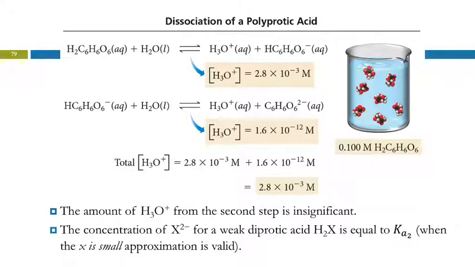It's like throwing an orange on top of a semi-truck full of oranges. Yeah, you added mass to that, but the whole thing is so huge that the little thing you did doesn't matter at all. So the amount of hydronium ion from the second step is insignificant, and the concentration of that X2 minus ion from the weak diprotic acid is going to be equal to Ka2 whenever X's small approximation is valid, which it usually is.